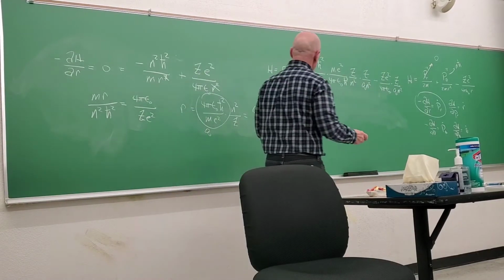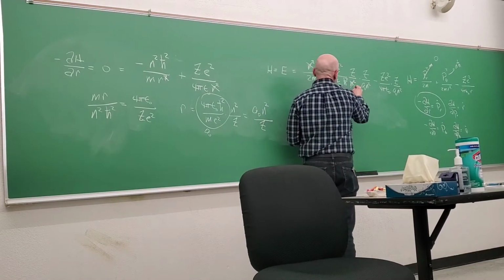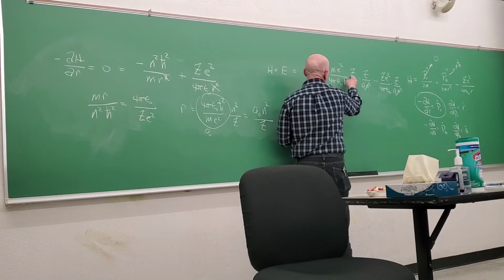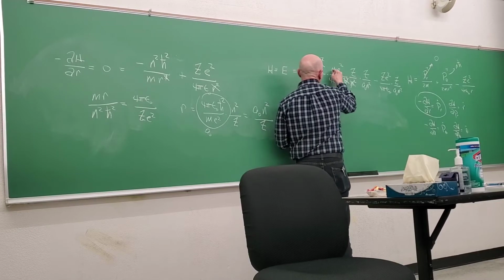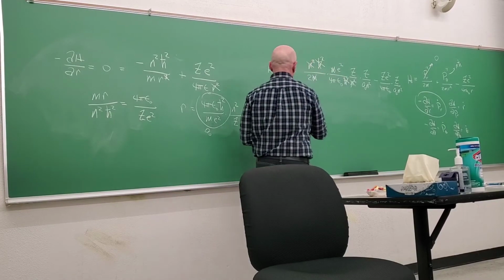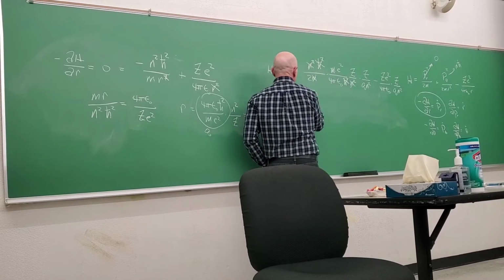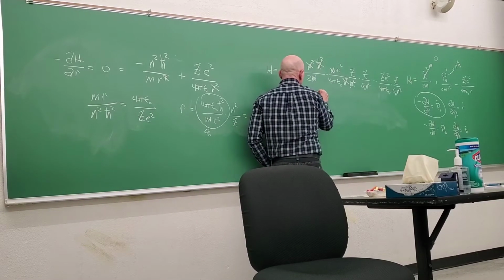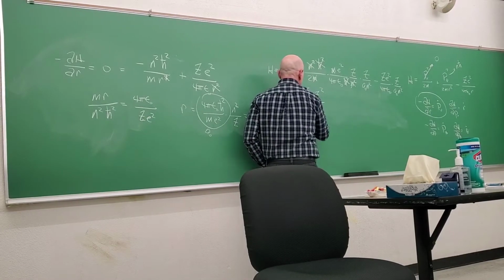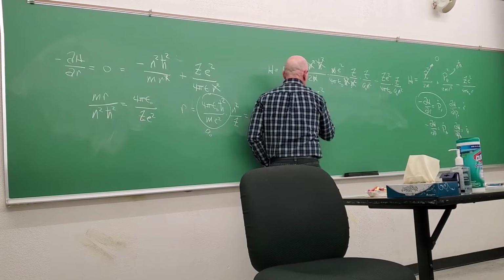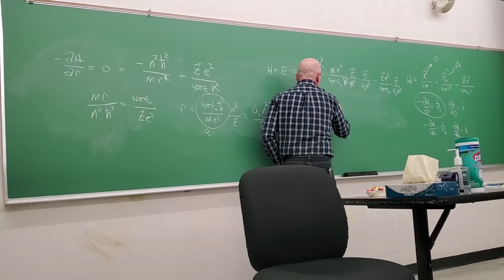Here's why I've broken it into two terms. If you'll notice, I have an n squared, one of those goes. My h bar squared goes away. I have the mass of the electron, which goes away. And so I end up as my total energy, I have a 4 times 2, so I have e squared Z squared over 8 pi epsilon 0 a0 n squared.